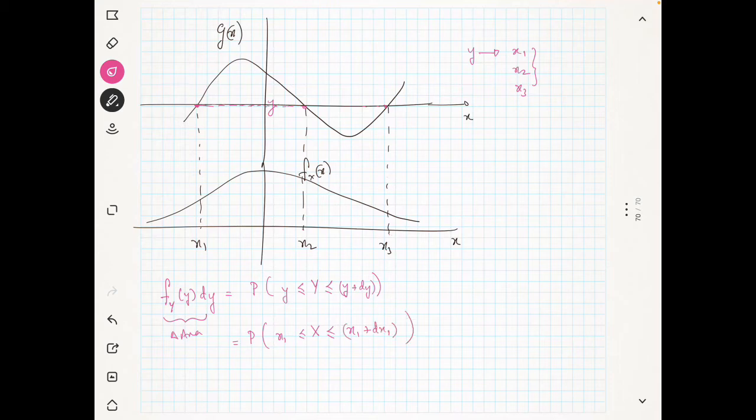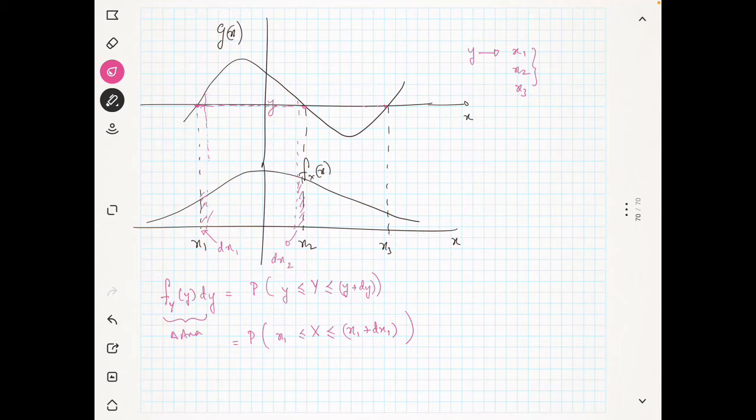Because you see, if you take a small area here, that means you are considering here dx. Similarly you can consider here also a small area, so this is dx1 and this is dx2.